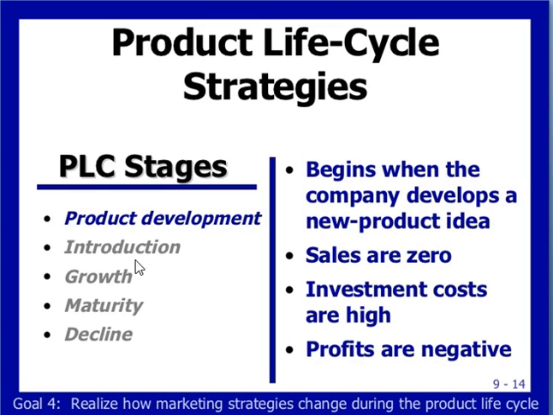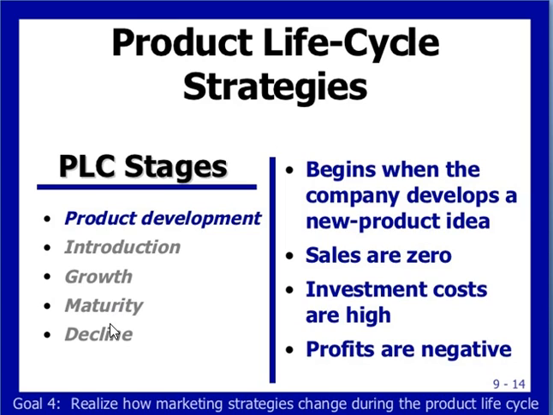But here we have almost five stages, and the first one is product development. According to Philip Kotler and Kevin Keller, in many researches they have told the students in Harvard Business School that there are overall six stages in PLC. The first is product development, the second stage is introduction, the third is growth, the fourth is maturity, and the fifth is decline.